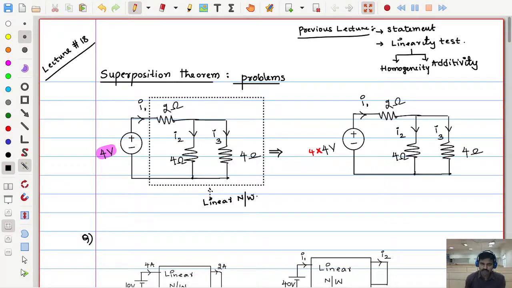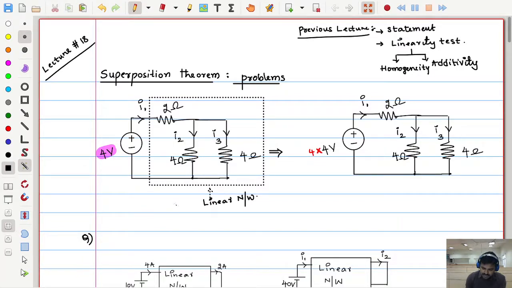I might be interested in finding the 2 ohm current, the 4 ohm current and another 4 ohm current, which are I1, I2, I3. These I1, I2, I3 we call the response, and this 4 volts we call the excitation or input. I1, I2, I3 can also be called the output.